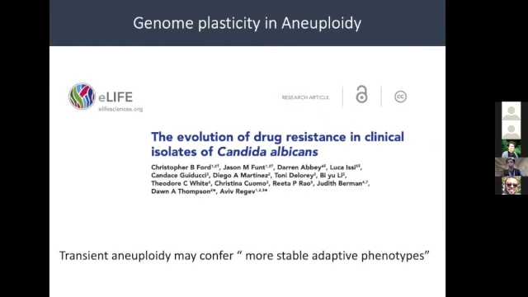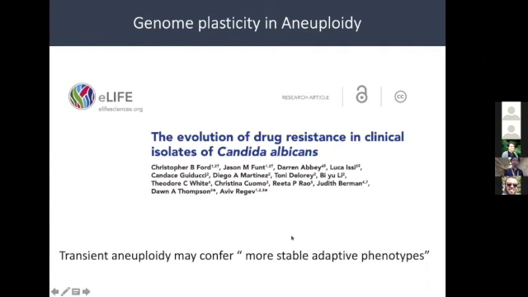And in 2005, there was a really nice study in Candida albicans clinical isolates. They collected clinical isolates from a single patient at different times and tried to see how Candida evolves resistance. They found that aneuploidy can be transient, okay, because of the high fitness trade-off.